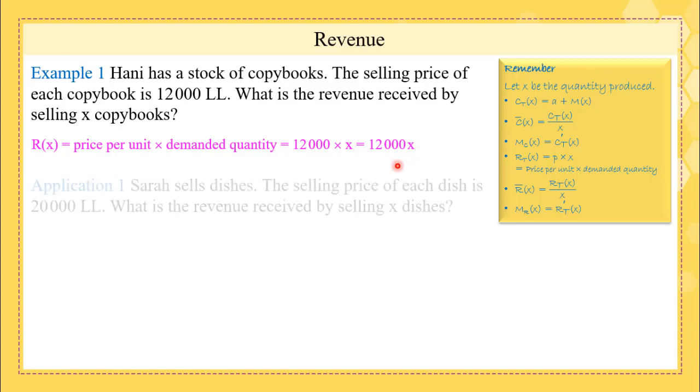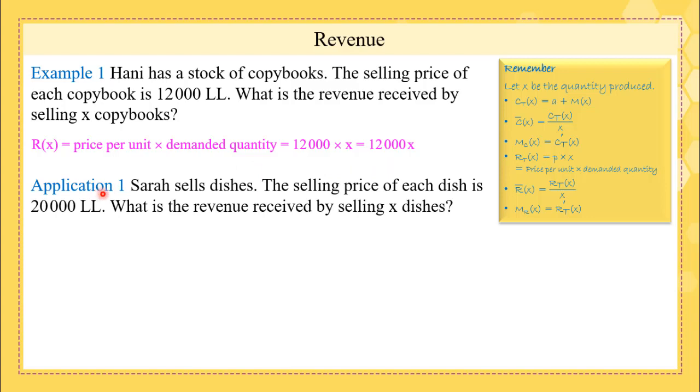Now, application 1. Please read the question carefully, then try to solve this application. Answer. Same as the previous example. Here, we need to find the revenue received by selling X dishes. So, from the question, we know that the demanded quantity is the variable X. And from the given information, the selling price of one dish is 20,000 Lebanese lira.